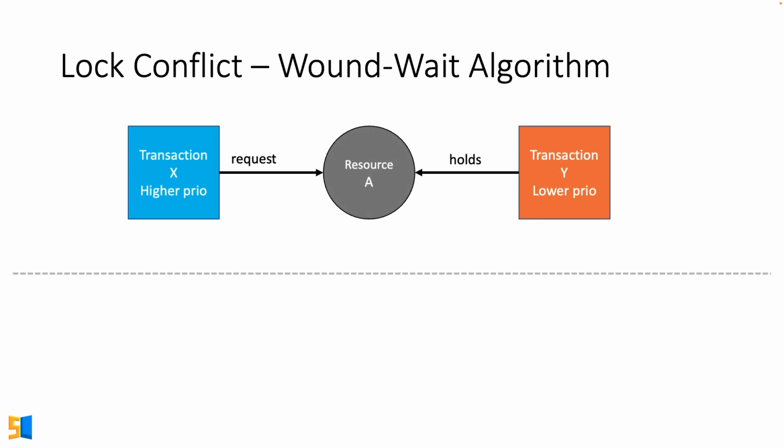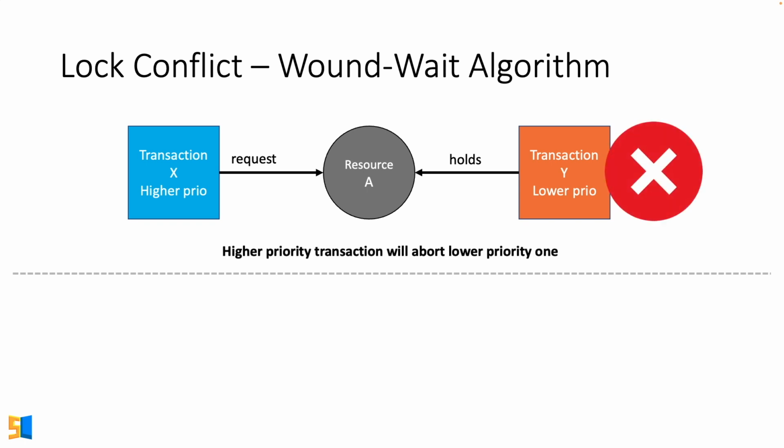If transaction Y, which is a lower priority transaction, holds a resource A, and then transaction X, a higher priority transaction, requests a lock on resource A, in this case transaction X with higher priority can wound transaction Y. Higher priority transactions will abort lower priority ones.